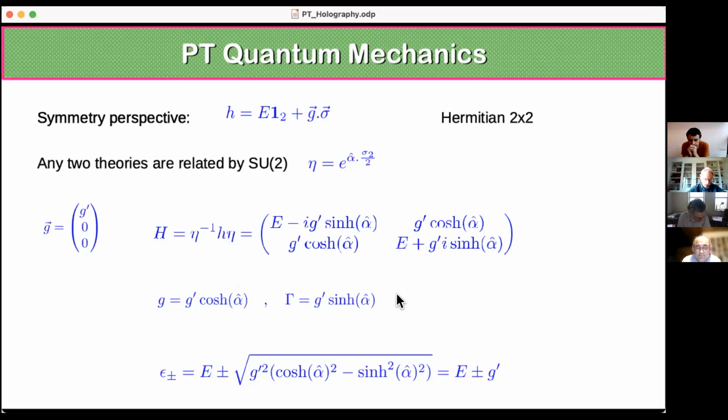So I'm always in this PT symmetric regime, and the energies there are, of course, real. With such a transformation, I can never go to the PT broken regime. To my understanding, there's a one-to-one relationship: for a non-Hermitian Hamiltonian in the PT symmetric regime, there always exists a transformation matrix eta, which allows you to transform this non-Hermitian Hamiltonian back to a Hermitian one.